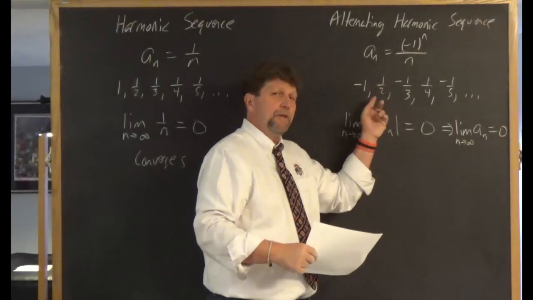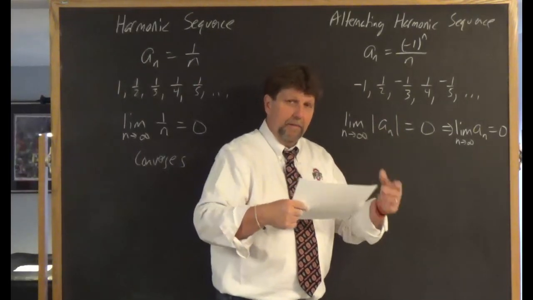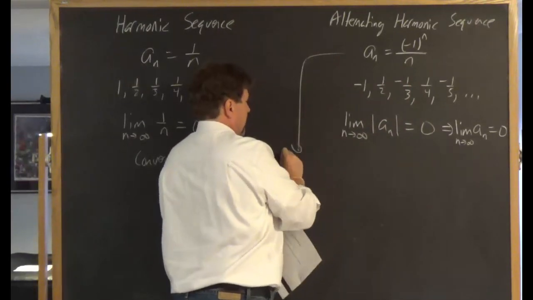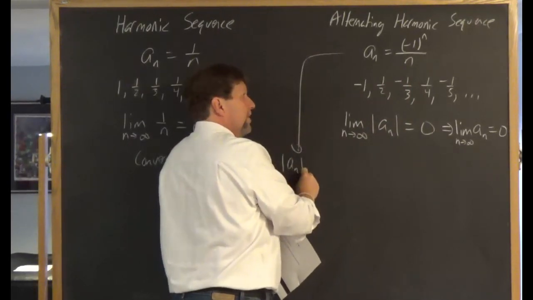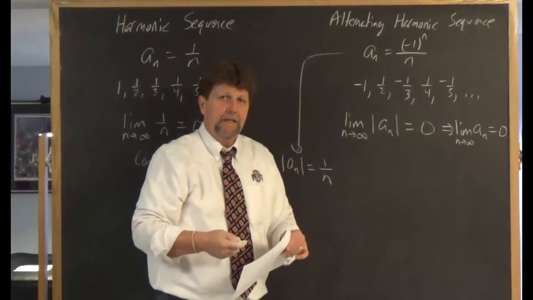Well, if we take the absolute value of each term here, we have the harmonic sequence. The absolute value of every term is going to give you the harmonic sequence.